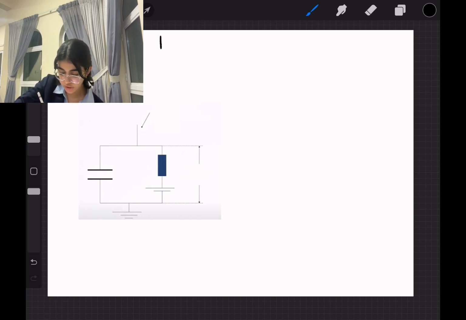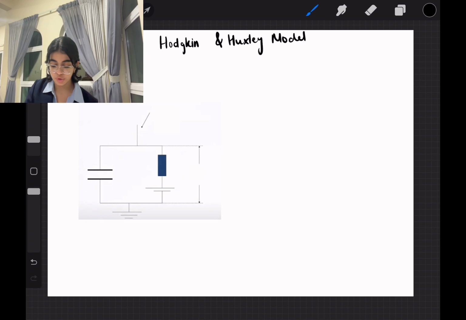So the Hodgkin and Huxley model surrounds neurons and their membranes. A simple example of this could be represented using an RC circuit shown here.